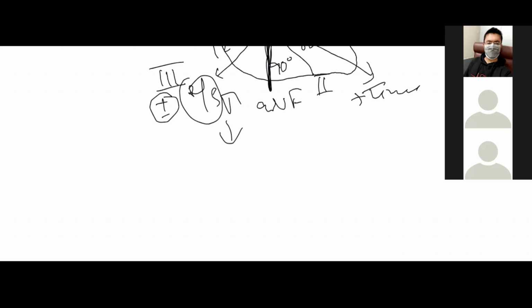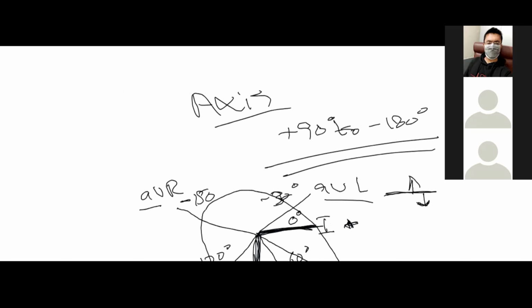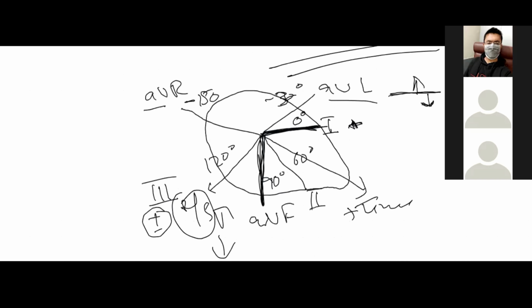We were discussing the axis. We discussed earlier that the axis of a normal heart is between plus 90 degree to minus 180 degree. So it lies somewhere around here. This is what we discussed, depending on the variation from patient to patient or person to person.